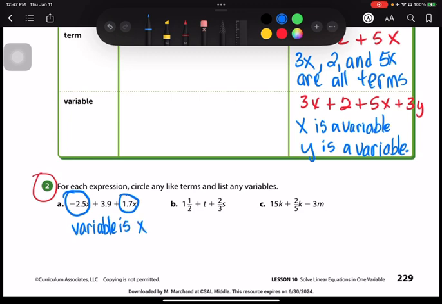All right, for letter B, none of these are like terms because 1 and 1/2 is a constant, t is a variable, and 2/3 s has a variable, which makes none of those look the same.